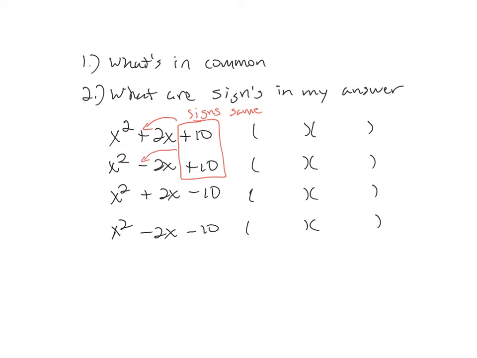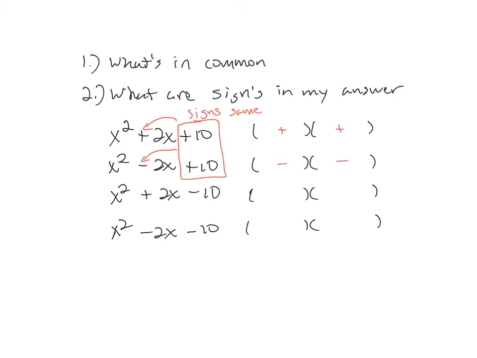Look at the other sign. So if the last sign's positive and the other sign's positive, both positive. If the other sign's negative, both negative. Okay, doesn't matter which number's bigger or anything like that. Just if the last one's positive, the signs are the same because a negative times a negative makes a positive. So that's why that works.